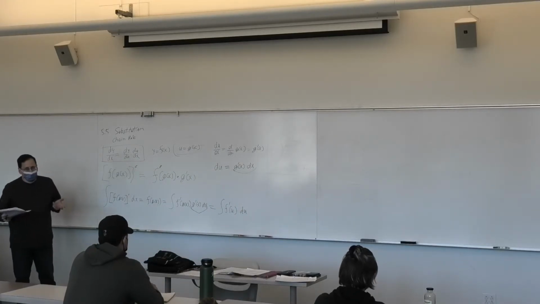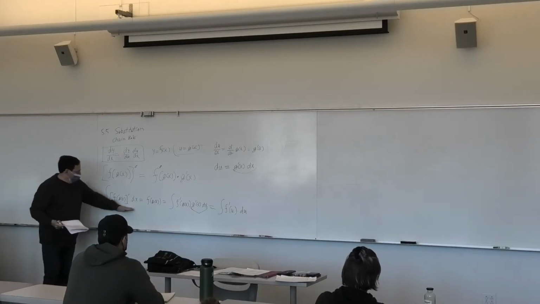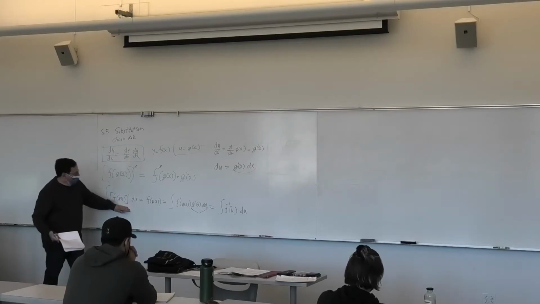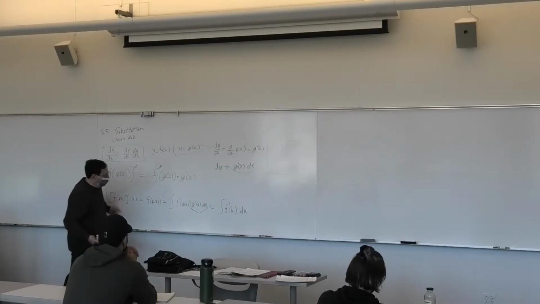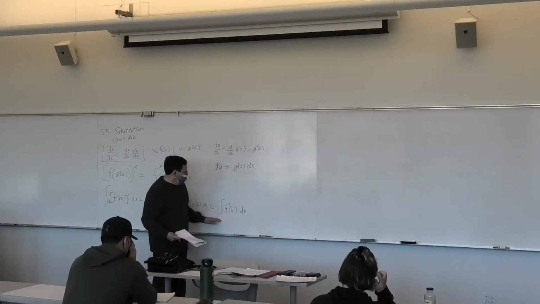So this is what we call the substitution formula. We have a composition of functions, and we're kind of using the chain rule in reverse. We're going to substitute for g of x some other variable u, and we're just going to try and solve this.